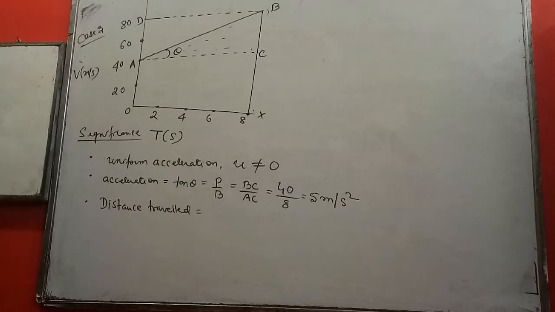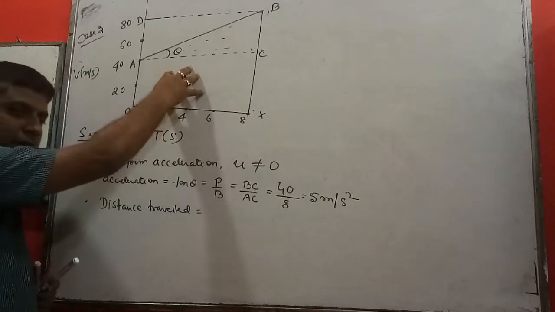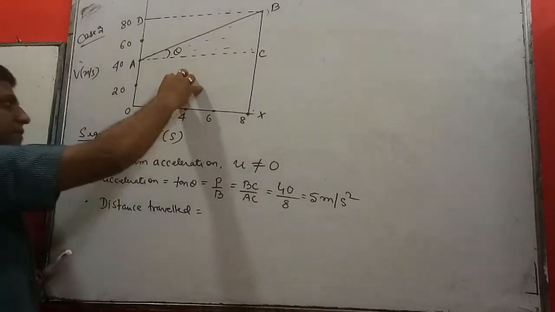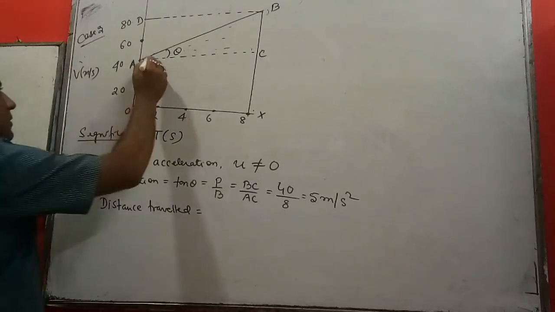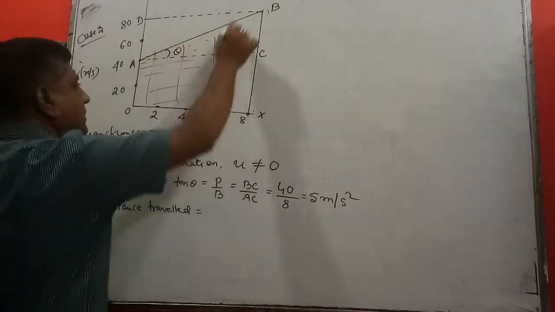There are two options to find the distance travelled. One is the area of the triangle plus the area of the rectangle. You find the area of this, then the area of this, and add them to get the area under this full portion.